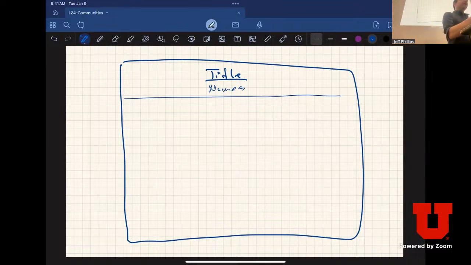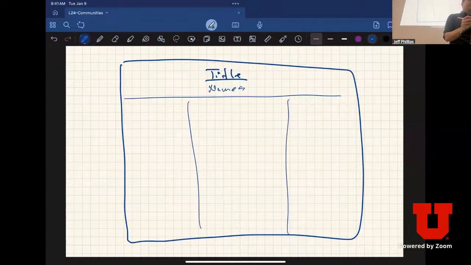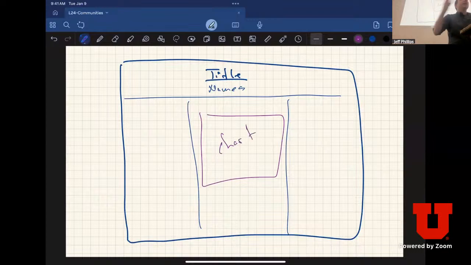If you have a wide poster that's 3 feet wide by 2 feet tall, then it's common to think of building it into 3 columns. You want a big chart, often at the top of the middle column or someplace in the middle, that catches everyone's attention about the cool thing that you're doing.